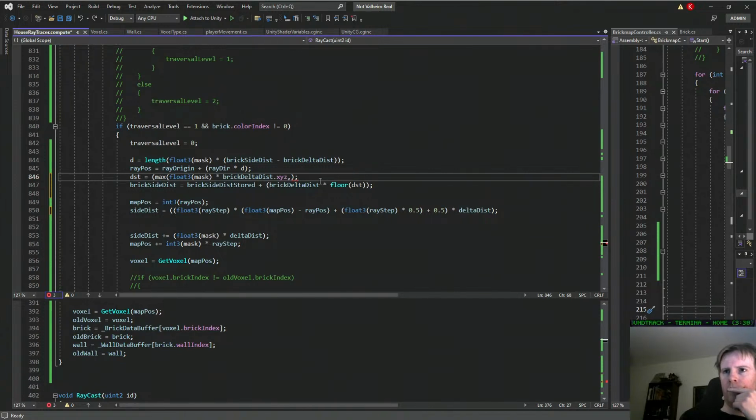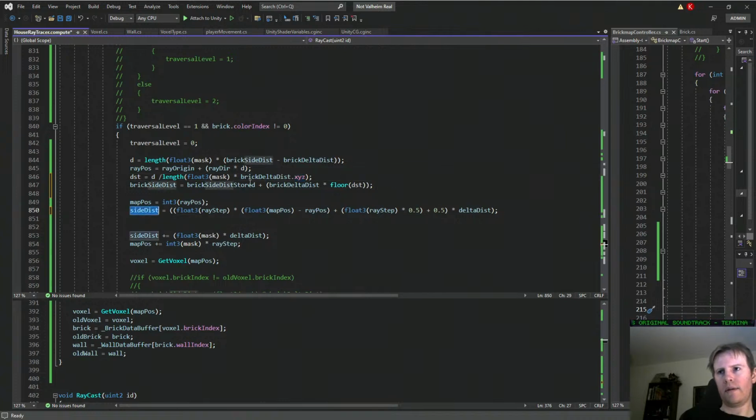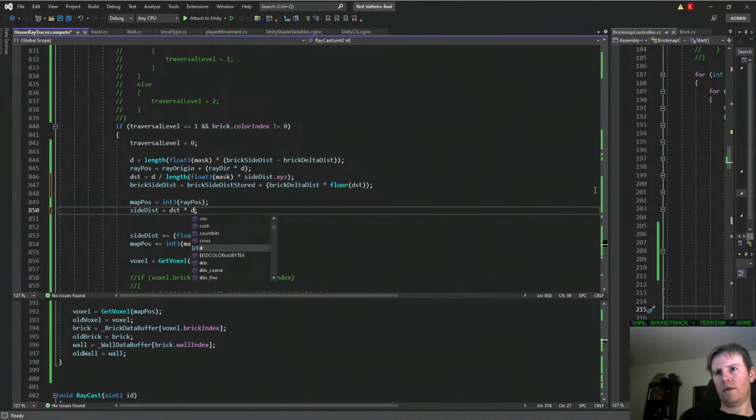So if we do d divided by length, side dist, then we set side dist to dst times delta dist.